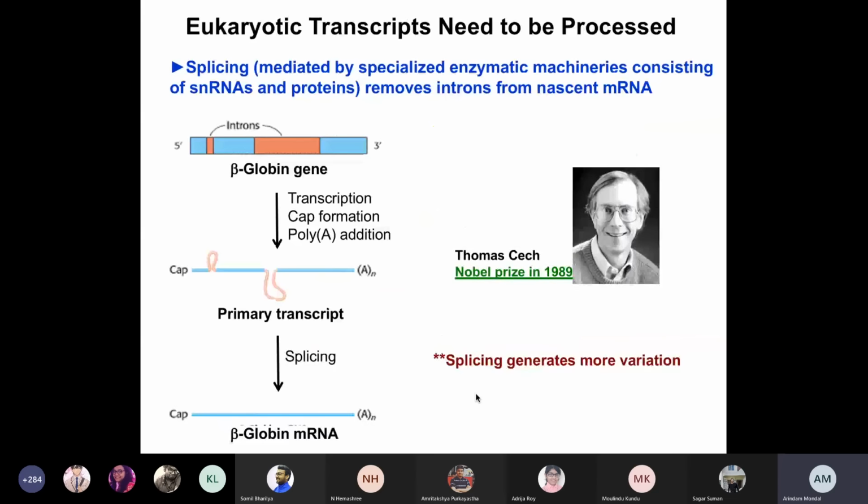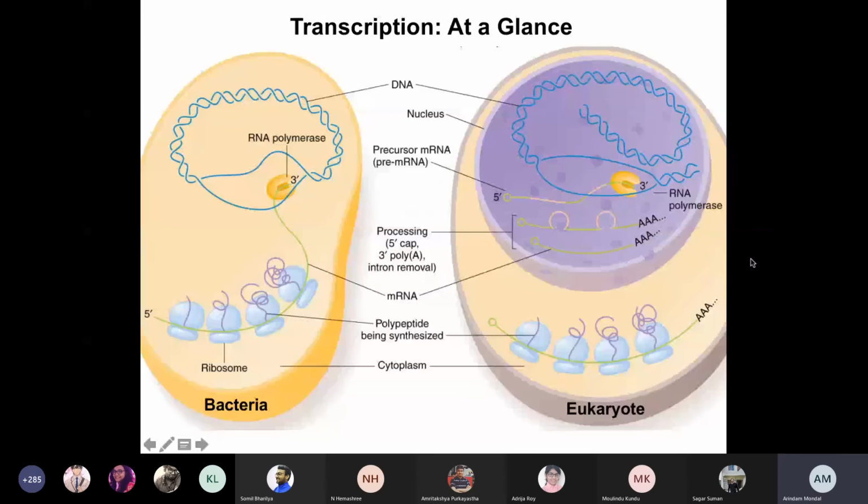Because as I have mentioned in this particular slide, once the mRNA gets produced, you see it has a 5' cap and the 3' poly A tail. Subsequently, these features can be recognized by specific machineries which can transport this mRNA across the nuclear membrane so that it could be transported to the cytoplasm where it gets translated.